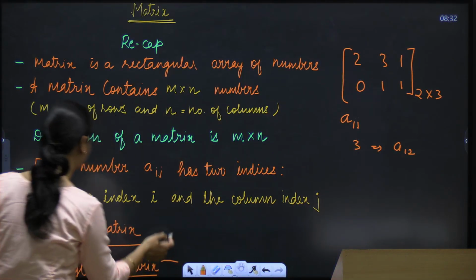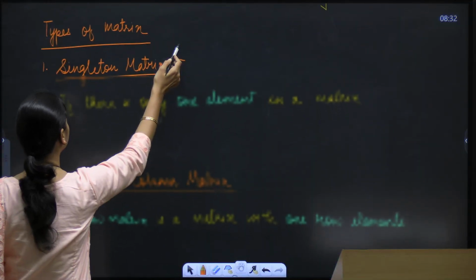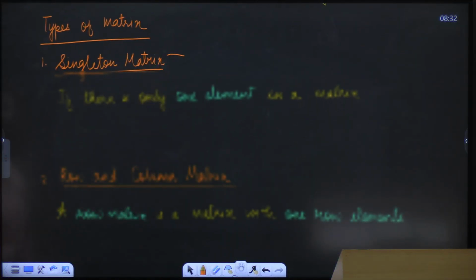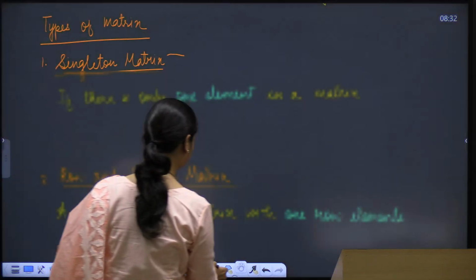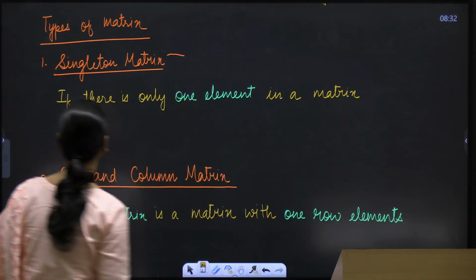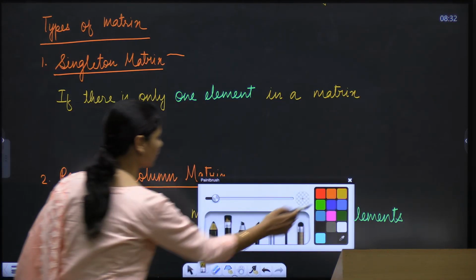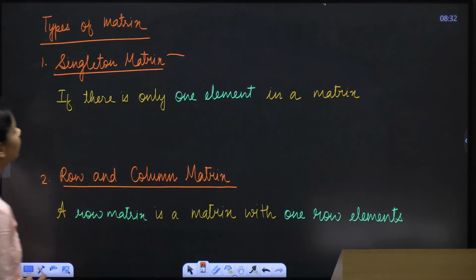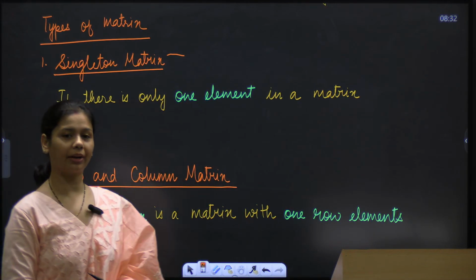Now we are going to discuss the different types of matrices. The first type is the singleton matrix.